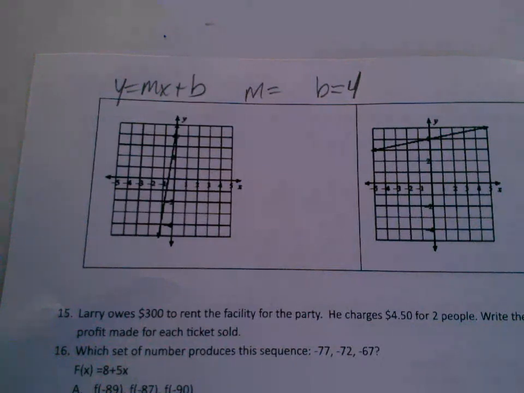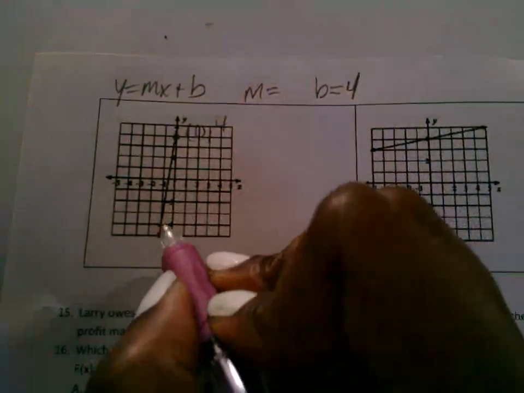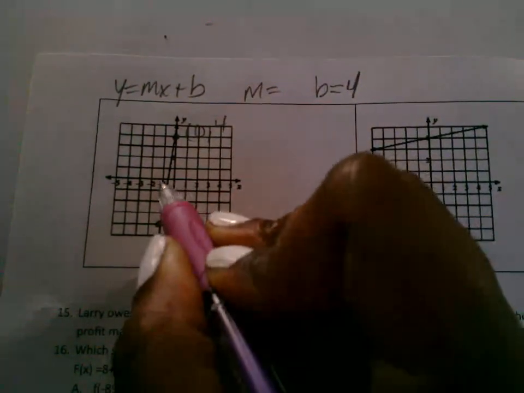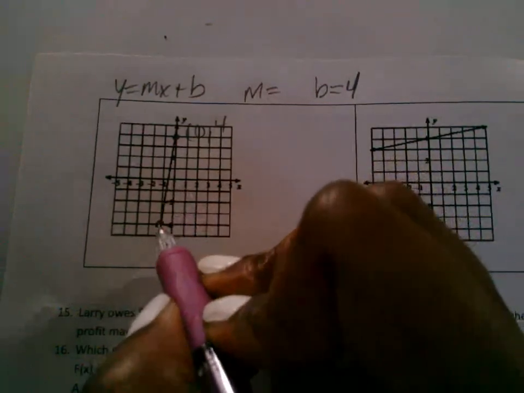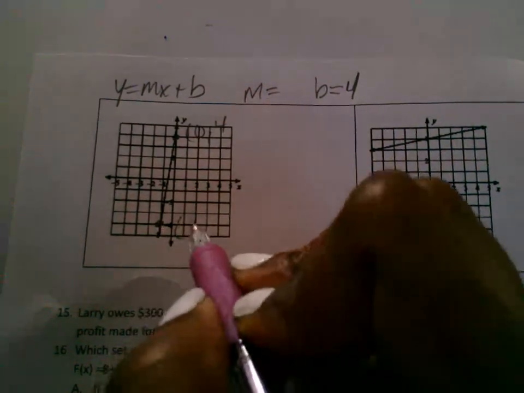We have to pick two good points that we can read. We can obviously read this point as (0, 4). And we can read this point down here, which is (-1, -4).